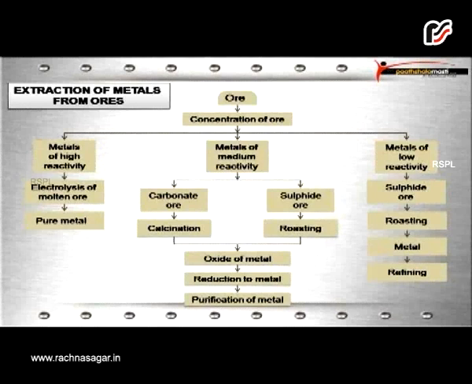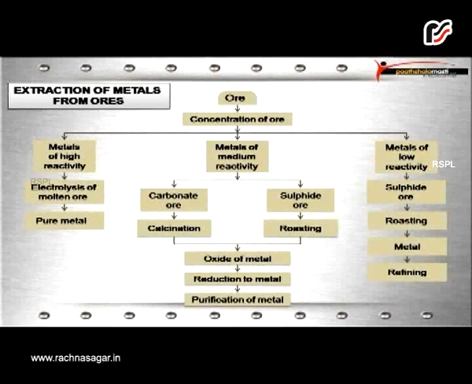So in both cases, the final product is oxide of metal, and oxides of metals are easily reduced with the help of a suitable reducing agent. When we reduce oxide of metal, we get free metal. Free metal is again in impure form, and impure metal has to be converted into pure form, and the most commonly used method is electrolytic refining.